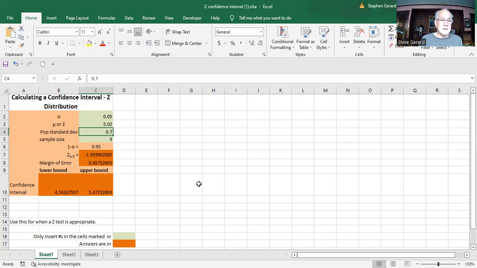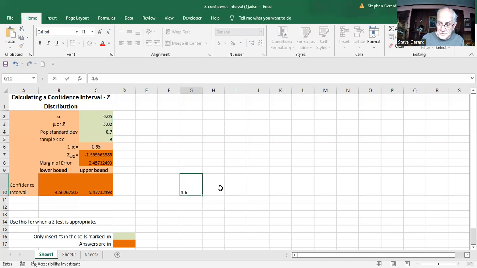And what it says to me is the confidence interval is 4.56 to 5.47. I'm going to count that as 4.6 to 5.5.